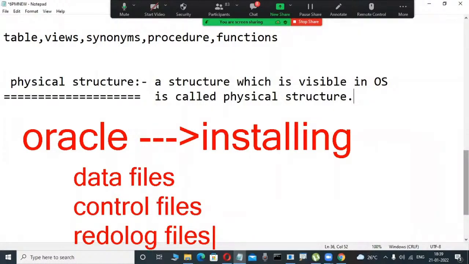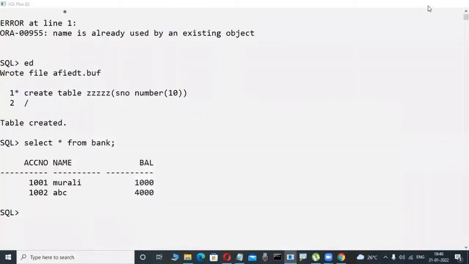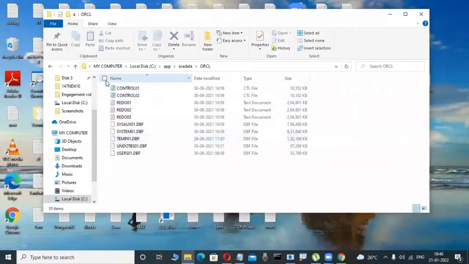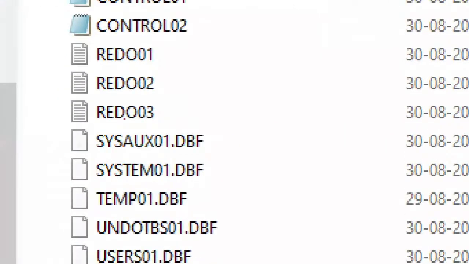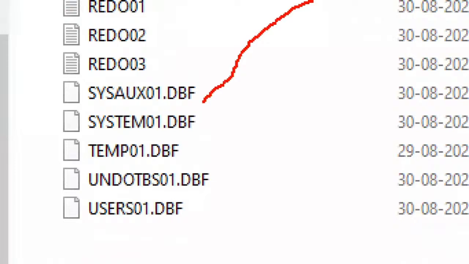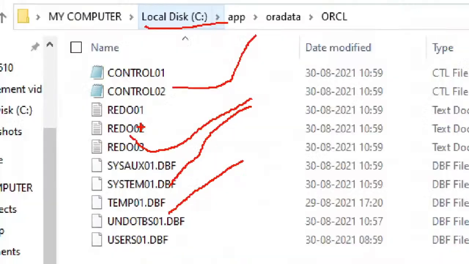Whenever I'm installing Oracle software, some files are created on the disk, in the C drive or D drive. These are data files, .dbf files. What is this? You don't have an idea, later you will be familiar. Control files, redo log files, these files.